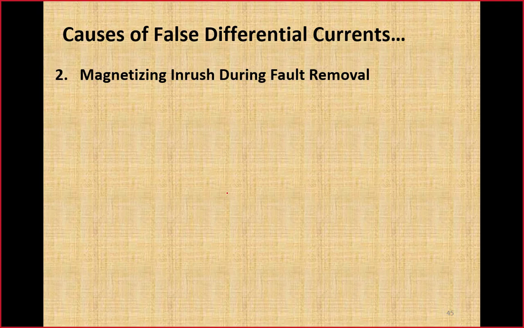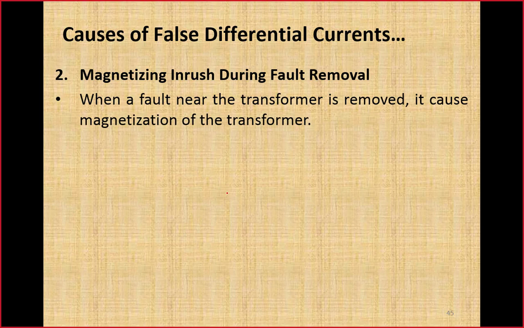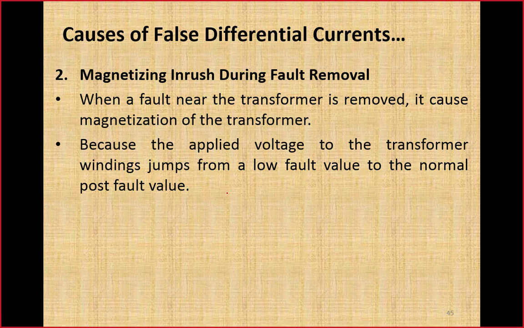Next, the second phenomenon is magnetization inrush current during fault removal. When a fault close to a transformer is removed by operating the circuit breaker, it causes magnetization of the transformer. So transformer magnetization will change as it changes when we energize the transformer. The reason is that the applied voltage across the transformer will make a jump from a low value of voltage during the fault to the normal value of voltage after the fault clearance, because during the fault there will be a dip in voltage.